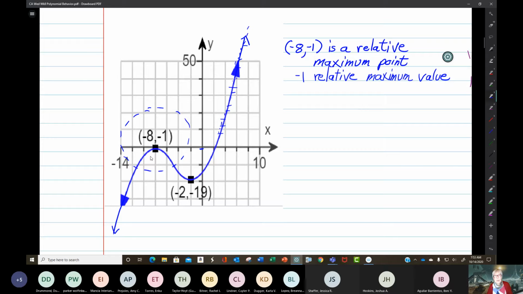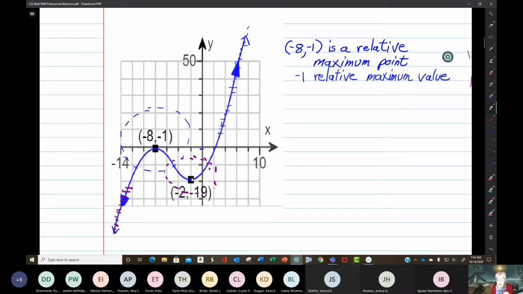All right, anyway, that's the story on relative maximum point and relative maximum value. Now we're going to look at the relative minimum point. In its area, this is the lowest point. You could make that area big or little, doesn't matter. But notice that all of these points are lower.